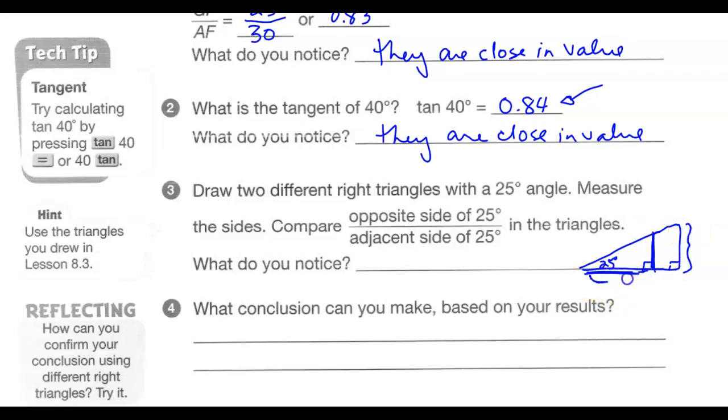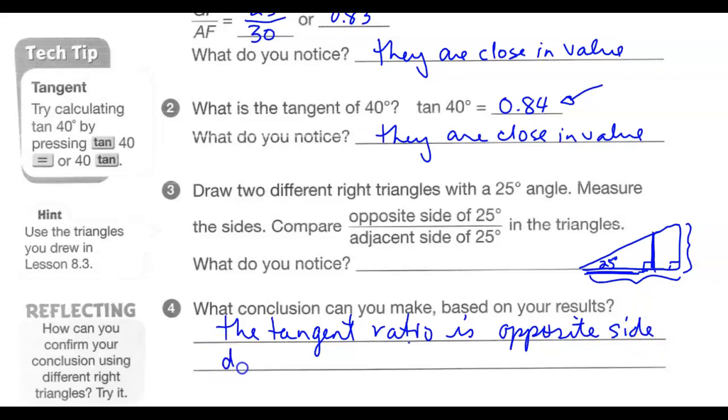And again, the tan ratio, so tangent is the full word, is opposite side divided by the adjacent side.